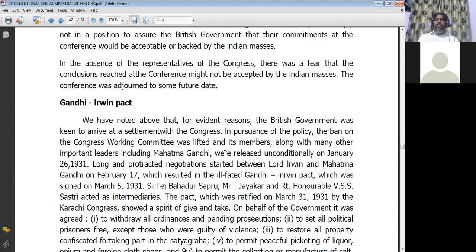And this pact, which was ratified on 31st March 1931 by the Karachi Congress, showed a spirit of give and take.